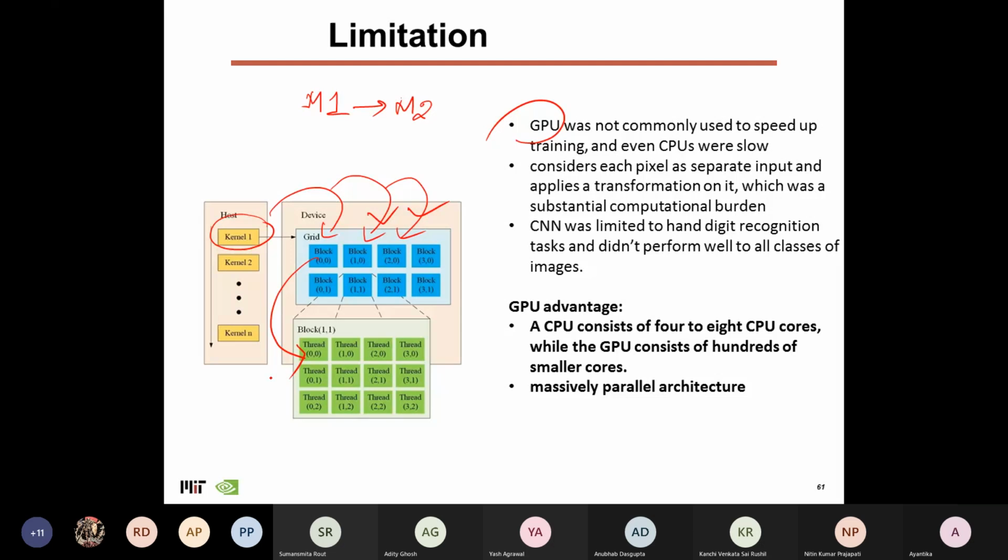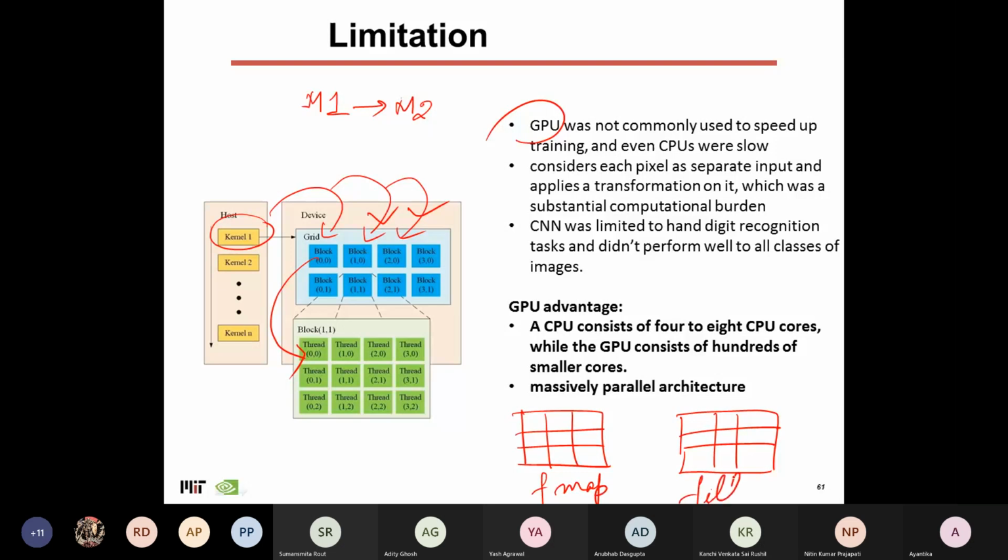Now think about the multiplication. One value is coming from your input feature map, and one is coming from your filter. You are repeatedly doing multiplication with these, and so on. Initially in the CPU case, you had to wait: you finish this multiplication first, then only can you go to the next small multiplication.